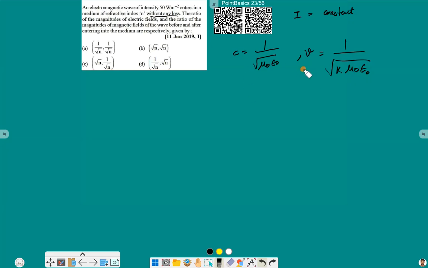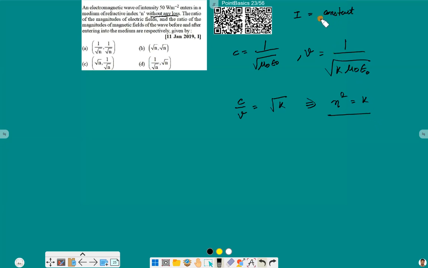So if we divide both of these, what we will get? We will get C by V is equal to under root of K, and C by V is the refractive index of the medium. So from this, N square is equal to K. This is our first relation.